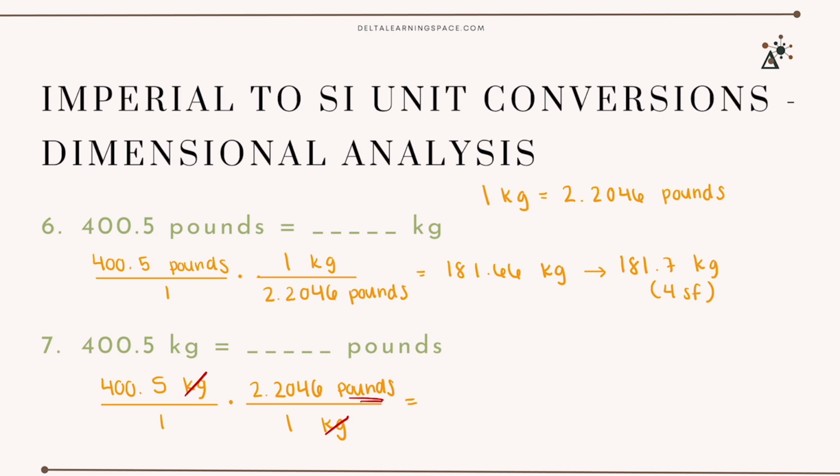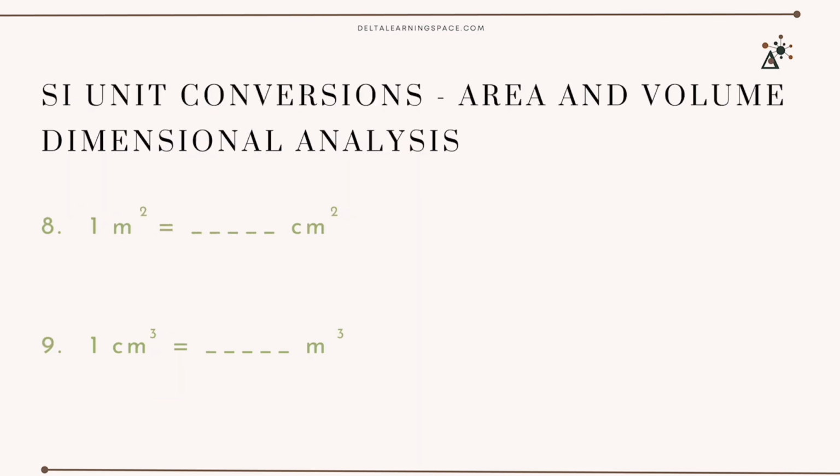And when we do this math, we end up with 882.9423 pounds. And when rounded to still 4 significant figures, because here we have our limiting significant figures, that ends up being 882.9 pounds.